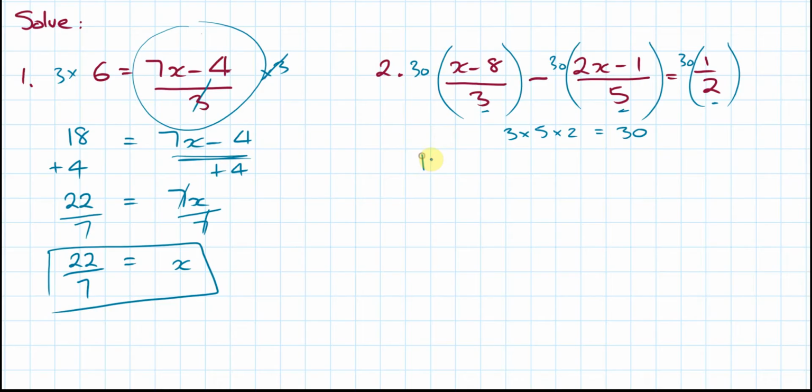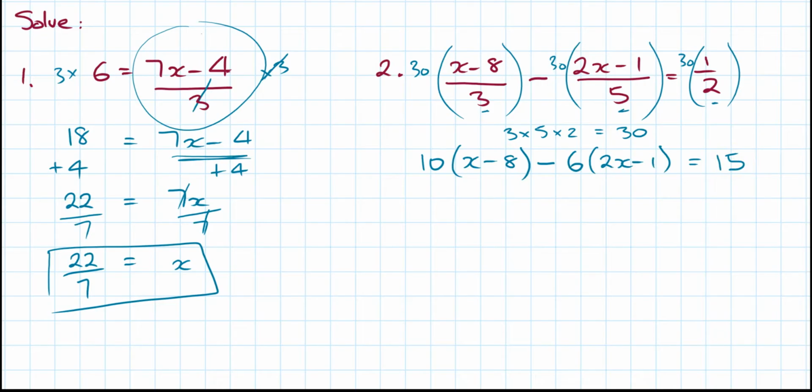So we end up with 10 at the front of x minus 8, minus, then we've got 30 divided by 5 will give us 6 at the front of 2x minus 1, equals 30 divided by 2, or 30 times a half will give me 15.